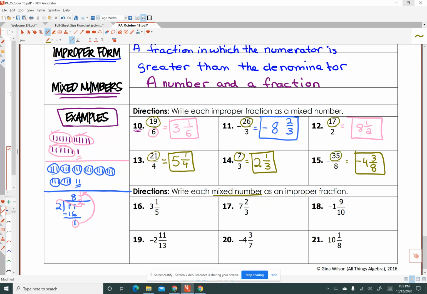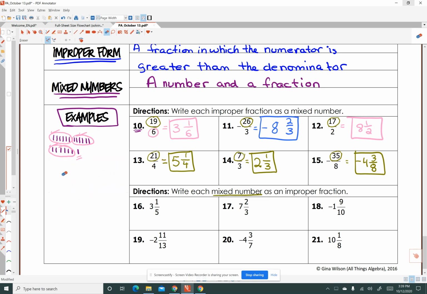So if I have 3 whole, let's make some room. Let's do some erasing. So if I have 3 groups of 5, 1, 2, 3, 4, 5, 1, 2, 3, 4, 5, 1, 2, 3, 4, 5, and I have one more fifth left over, how many fifths do I have altogether?